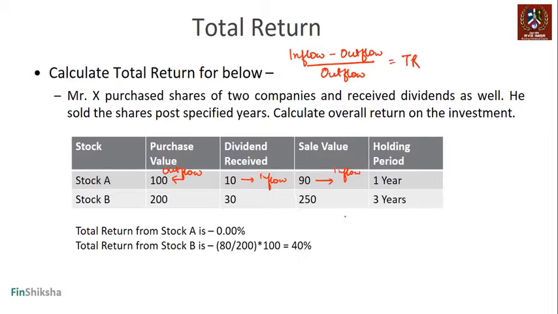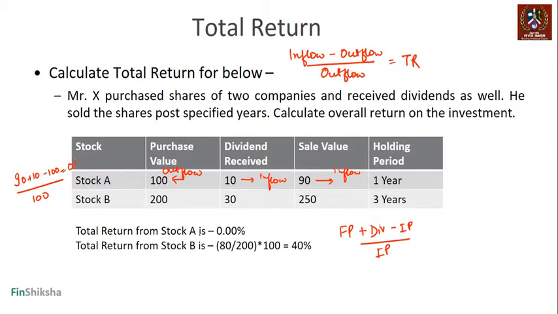In the case of stocks, you write it as final price plus dividend minus initial price, divided by initial price. In the first example, that is 90 plus 10 minus 100, divided by 100. We bought it at 100, and 90 is the final price. So inflow is 90 plus 10, which is 100.